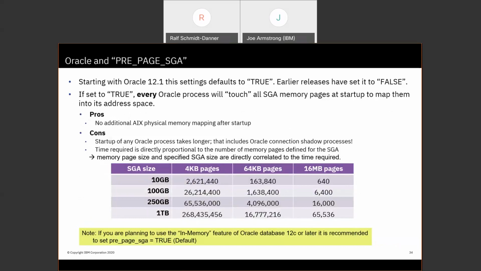Another change you may or may not be aware of, because it was not really that well announced: if you're coming from 11g, for example, with Oracle 12.1, pre_page_sga is suddenly set to true. Before, the default was false. With true, every time an Oracle process starts or you connect to your Oracle database, the first thing it does is touch every memory page in the SGA.